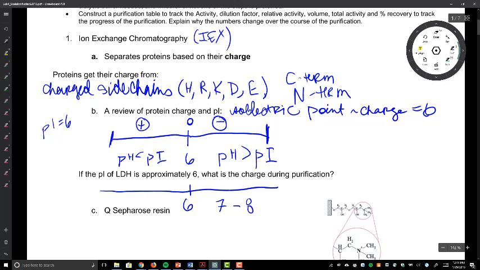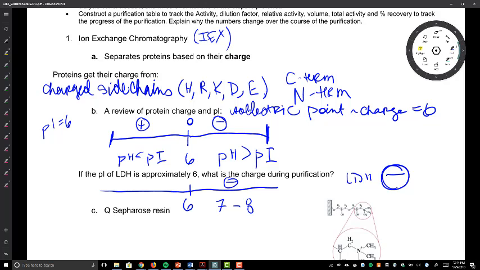Specific buffers are listed in the lab manual, and so we're at a pH that is greater than the PI. So in this case, LDH would be carrying a negative charge. So LDH is going to be negative over the course of the purification.